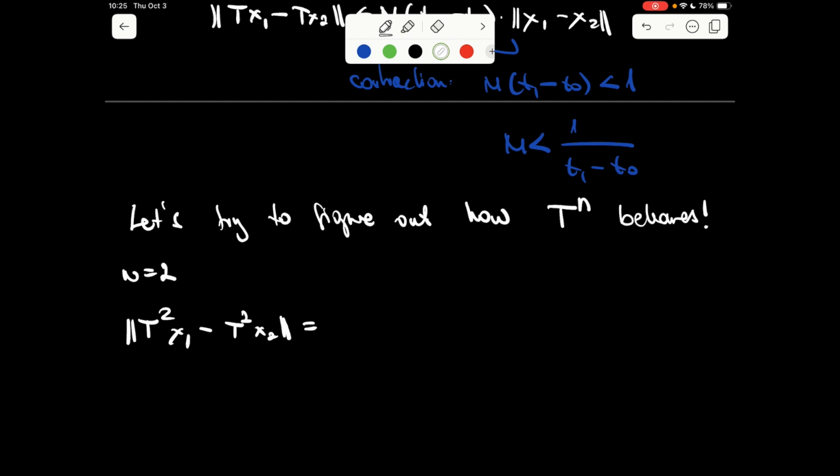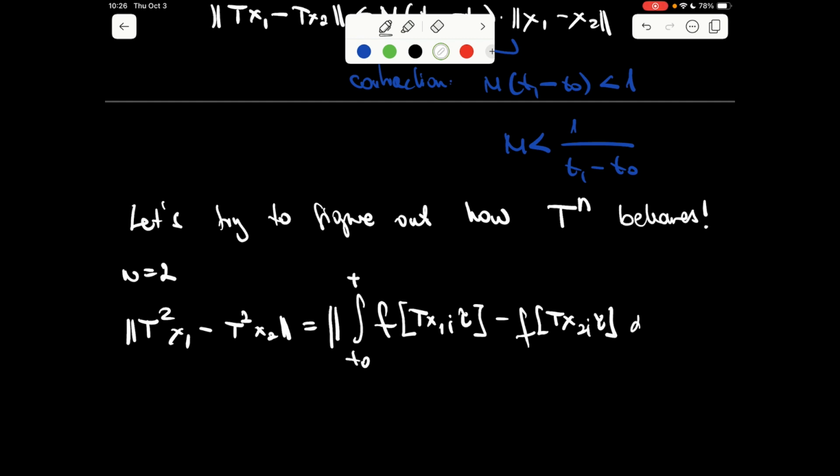We will use the same steps. So we expand the norm, just like previously. But in the argument of f, now we have tx1 and tx2. Okay.